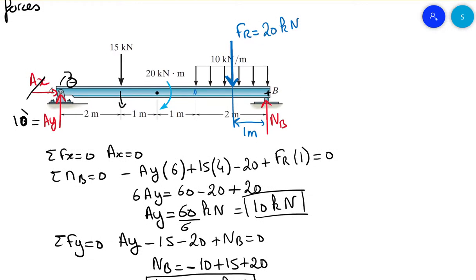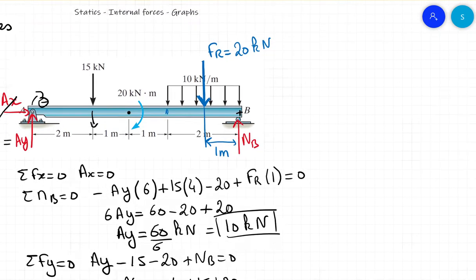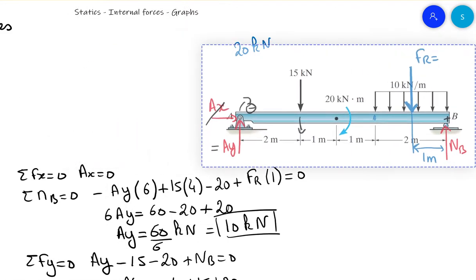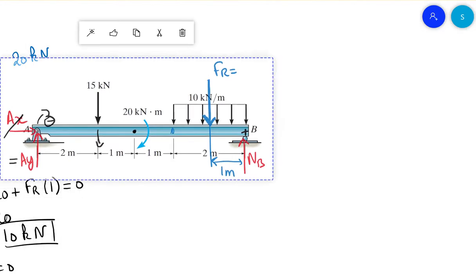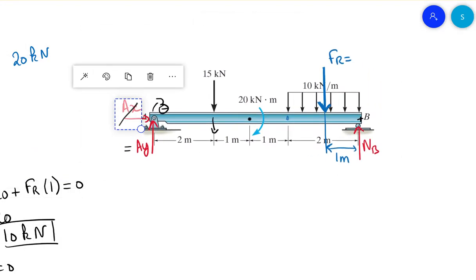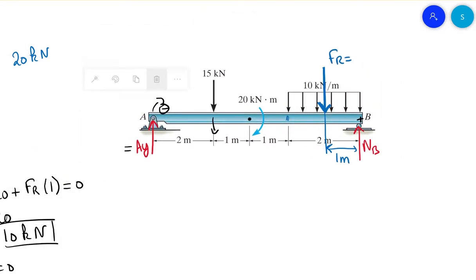Now we need to divide this structure. Let me copy this. So no Ax, let's remove the Ax.